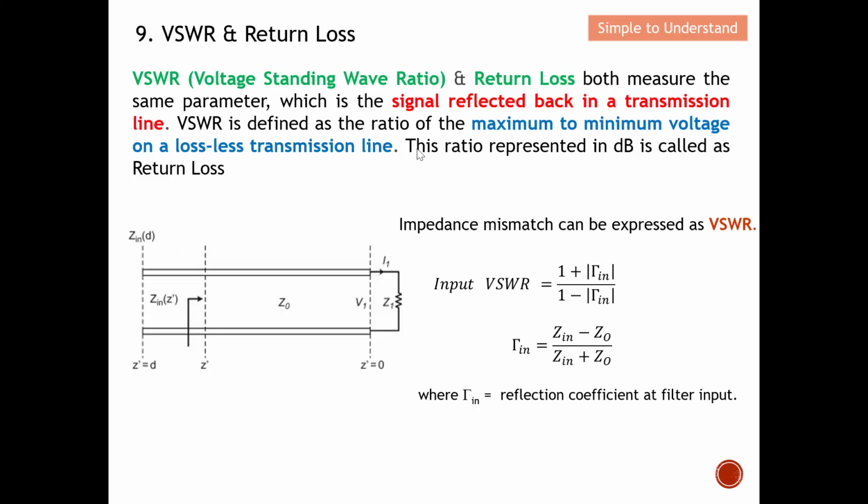This ratio, represented in decibels, is called return loss. This is a formula for the input VSWR, but in the interest of time, I probably can't discuss this. If you're keen, I can put the link for the discussion of VSWR so you can understand a little more about VSWR and return loss.